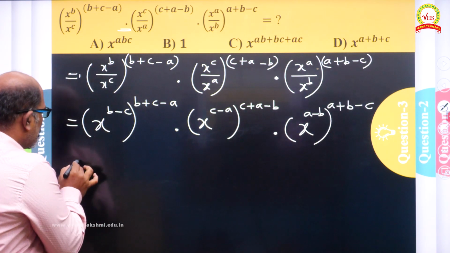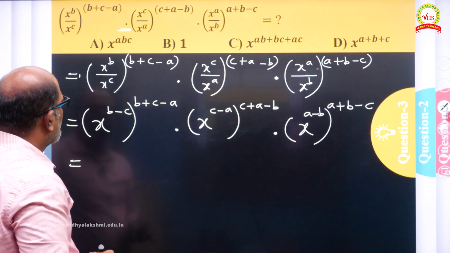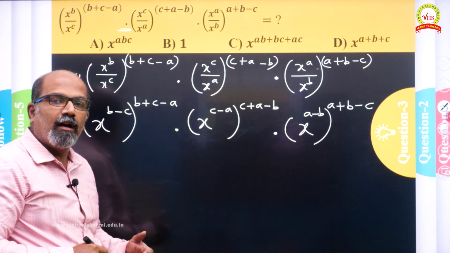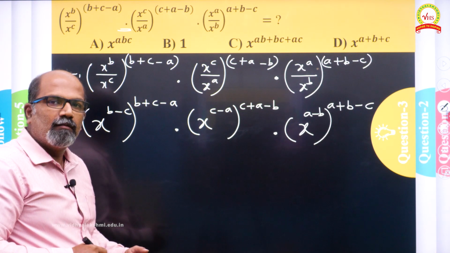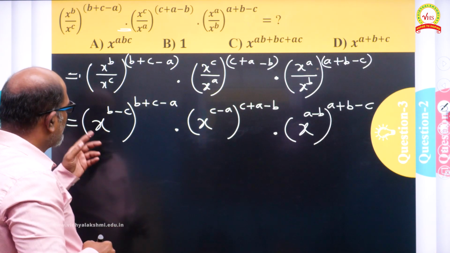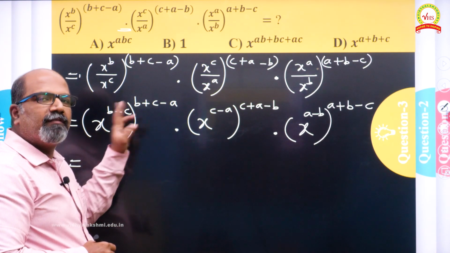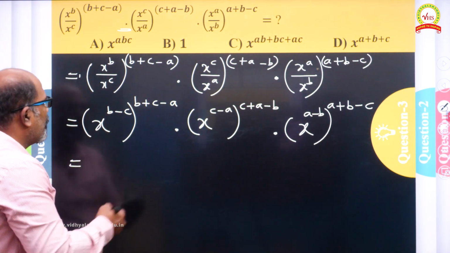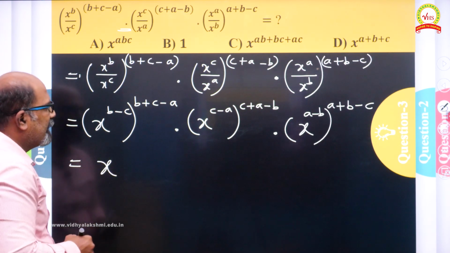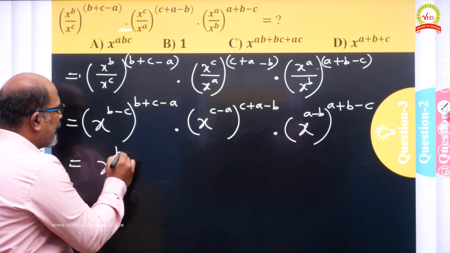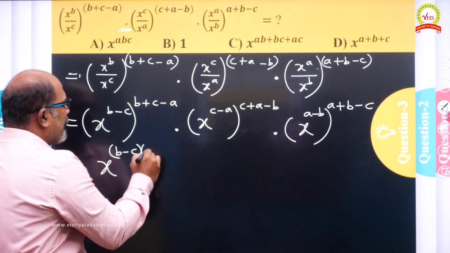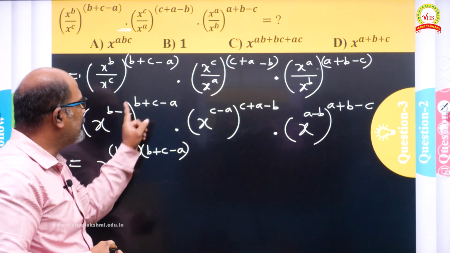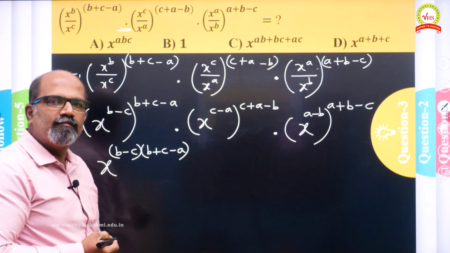Good. Which is equal to, then next what property are you remembering? What rule are you remembering? Yes. It is the power of the exponent rule. Power of the exponent rule we are going to apply here. So when you apply that, what you will have is x to the power of b minus c multiplied by b plus c minus a. Am I right? These two exponents will be multiplied.